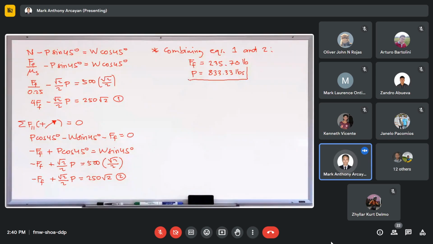So, mao ni siya ang answer sa letter A. Mao ni ang amount of force nga imong kinahanglanon para imong mapamove ang imong block up the inclined plane.